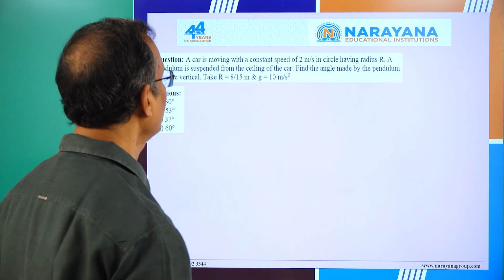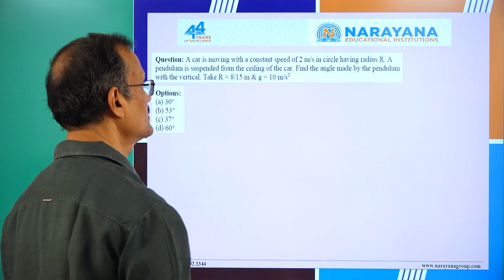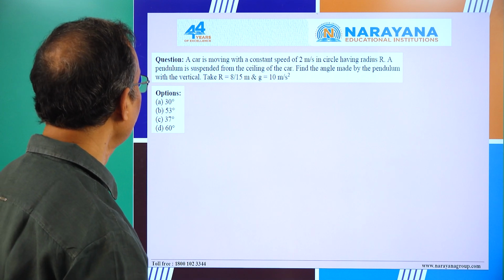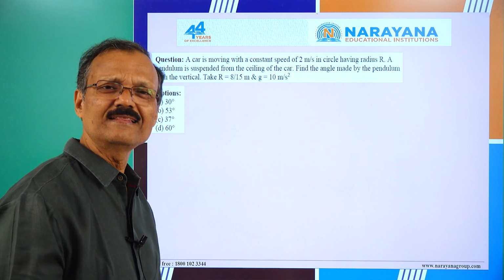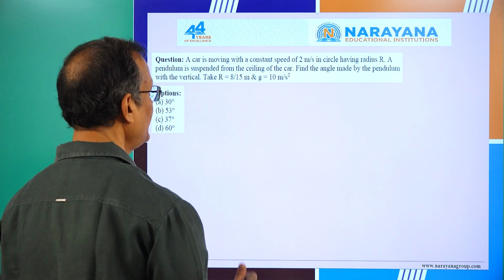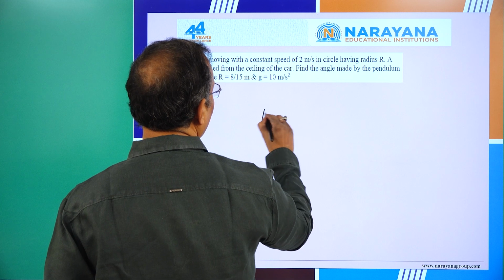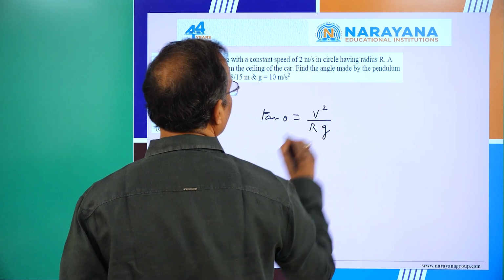A car is moving with a constant speed of 2 meters per second in a circle having radius r. A pendulum is suspended from the ceiling of the car. In this problem, directly tan theta equals V square by RG. You can simply take tan theta equal to V square by RG.